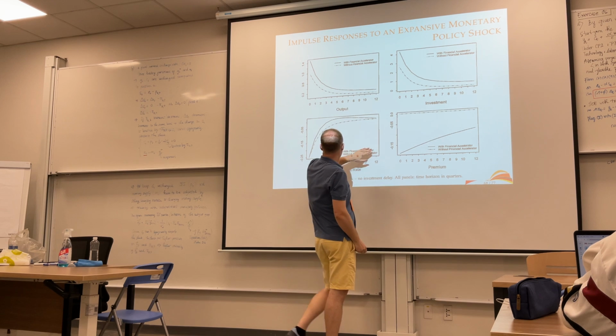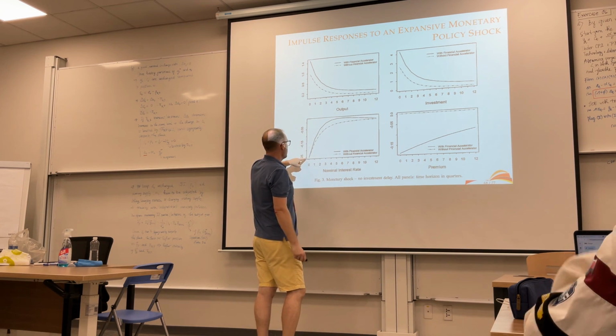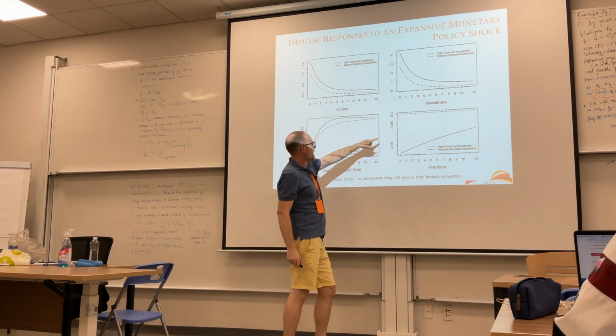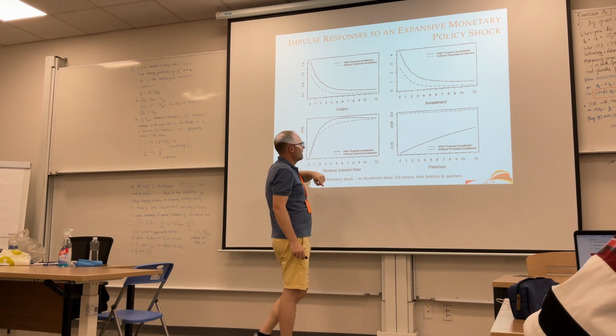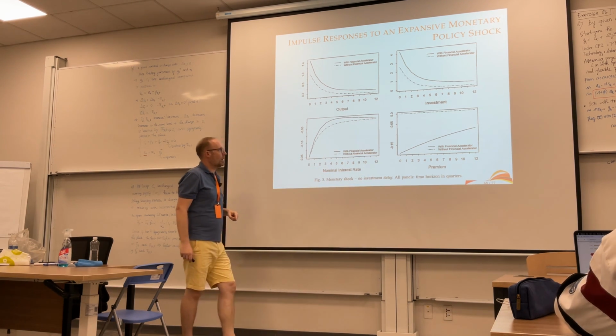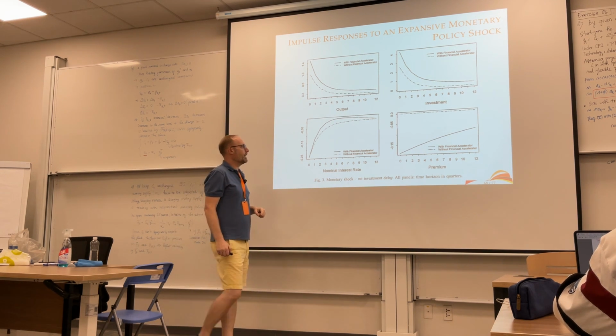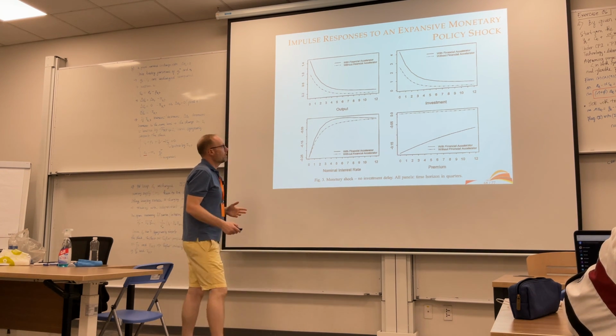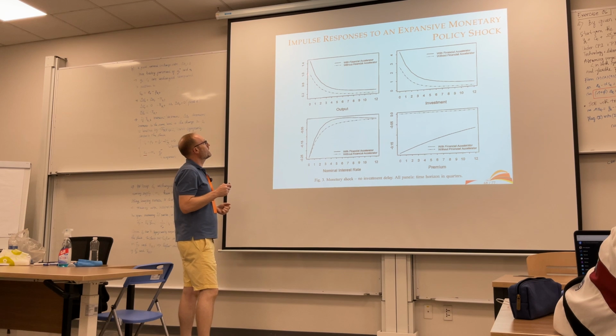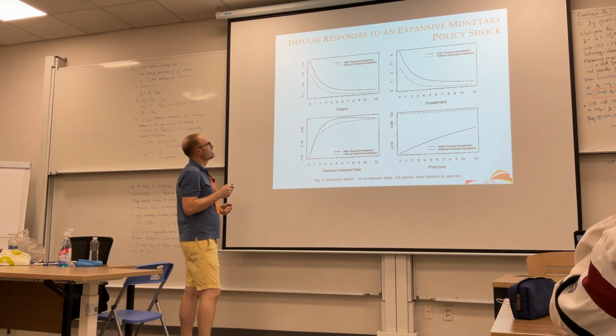We have a 25 basis point drop in the nominal interest rate, which gives us a 20 basis point drop in the external finance premium. And this leads to output that is roughly twice as large as it was before.